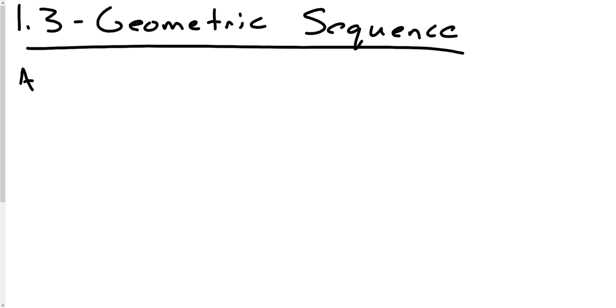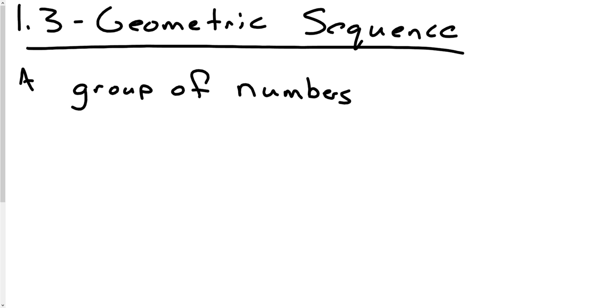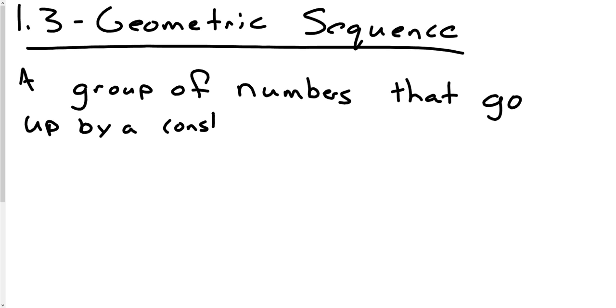This is just a group of numbers. They go by constant multiple.